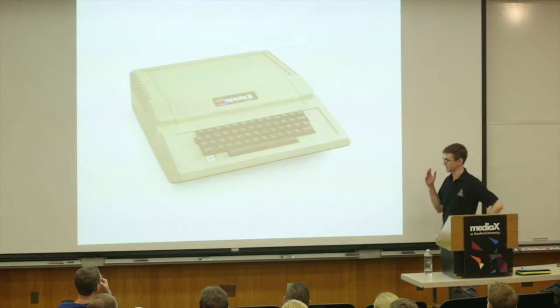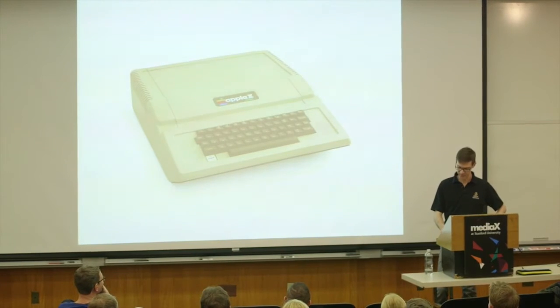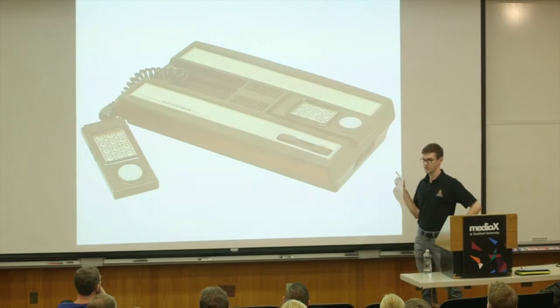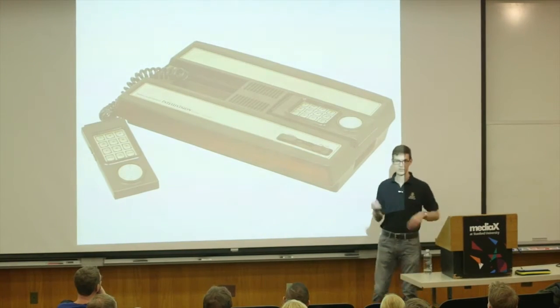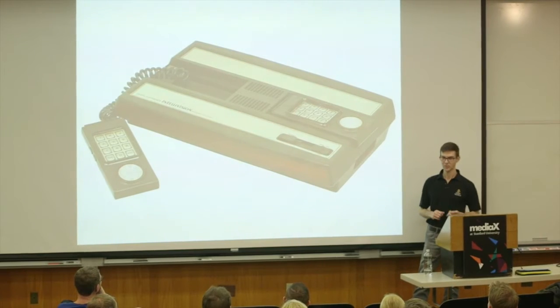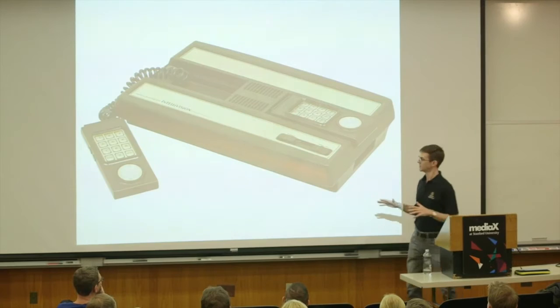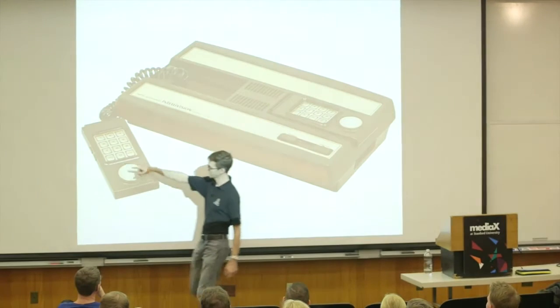The Commodore PET was eventually supplanted by an Apple II, and this was my first game console at home. This is a Mattel Intellivision, and I picked one up a couple of years ago secondhand, and it rightly ranks on the worst game controllers of all time. I don't know if you can tell the little bumps here on the side.